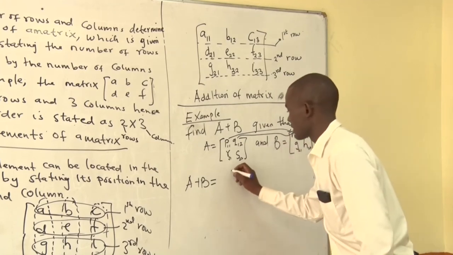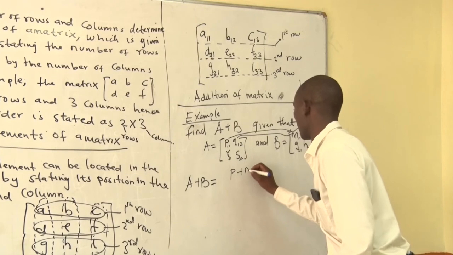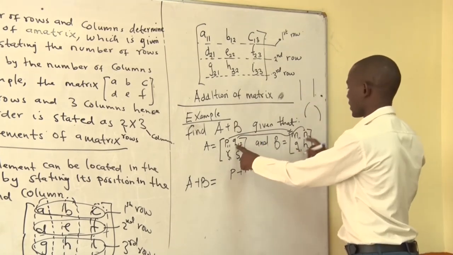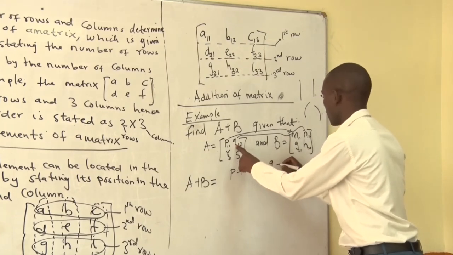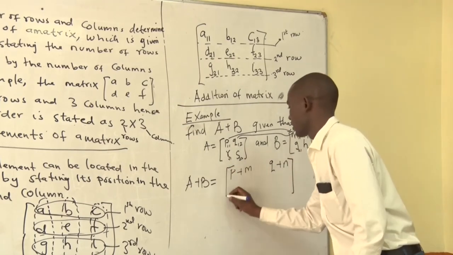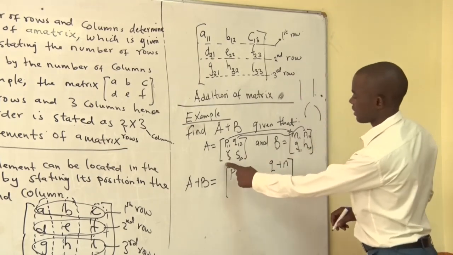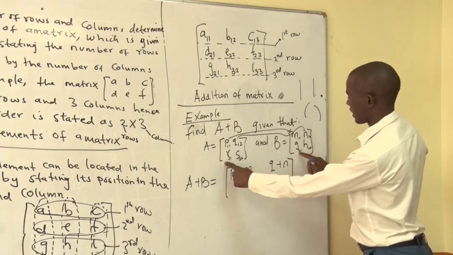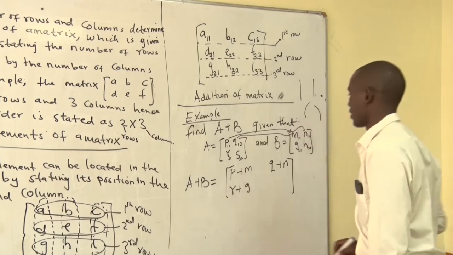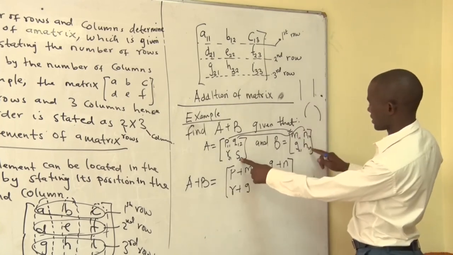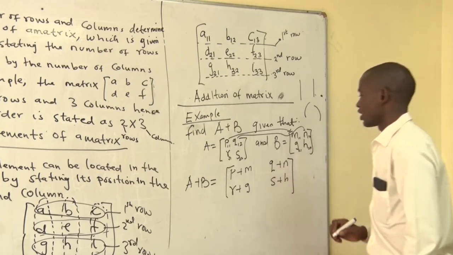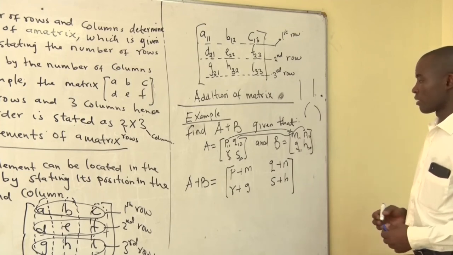So basically what I mean is I will take P plus M. Then I will take this one plus this one, so that I will be having Q plus N. I will come to the second row, the first character here with the first character there, which is R plus G. I will come to the second one with the second one. So that is S plus H. So basically that is how you add matrices.